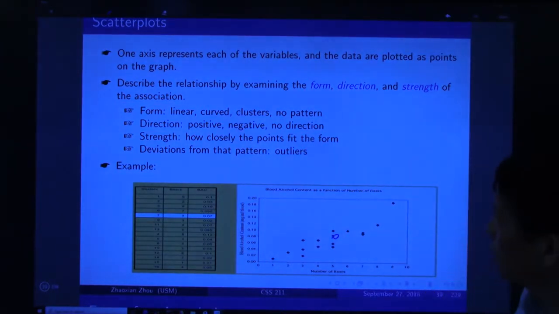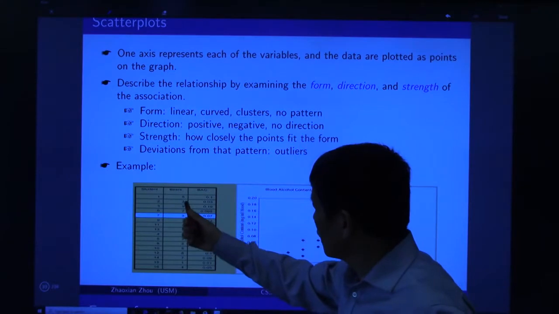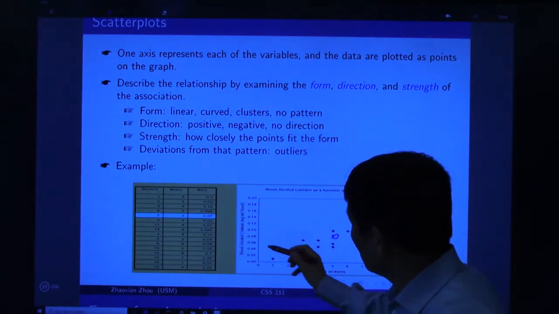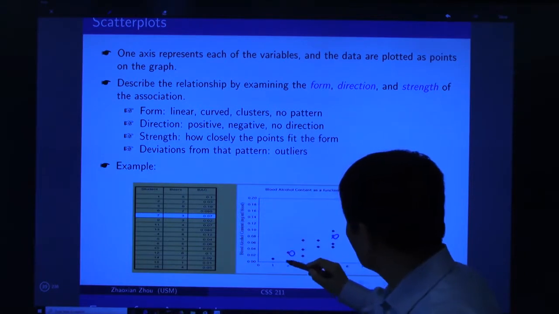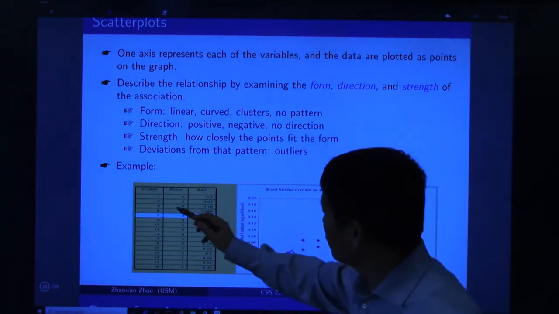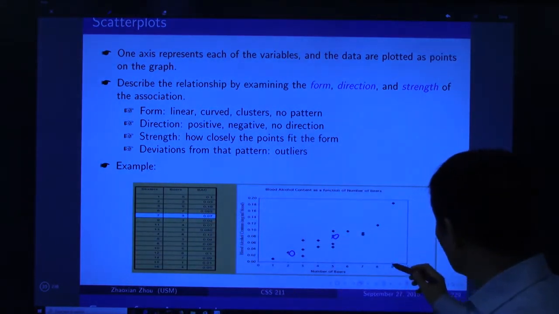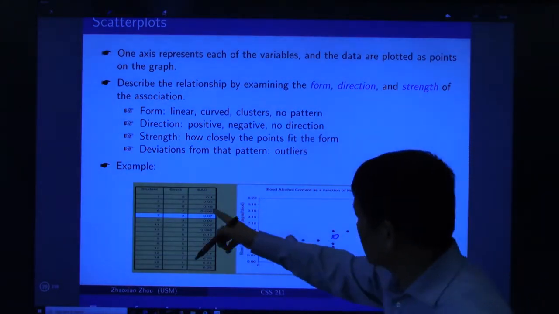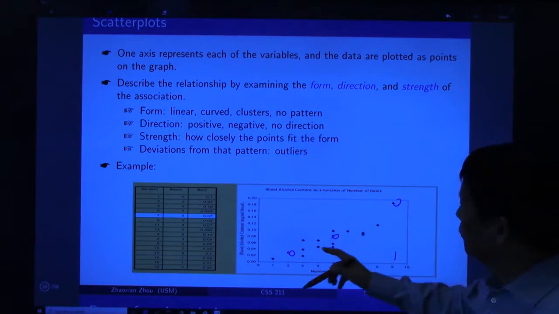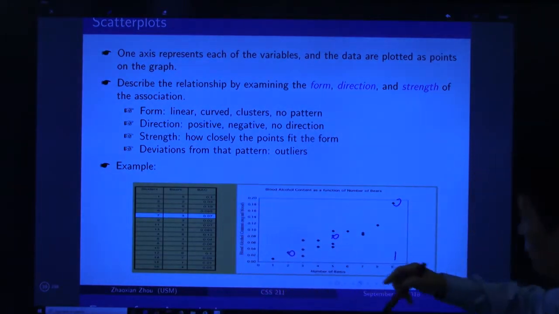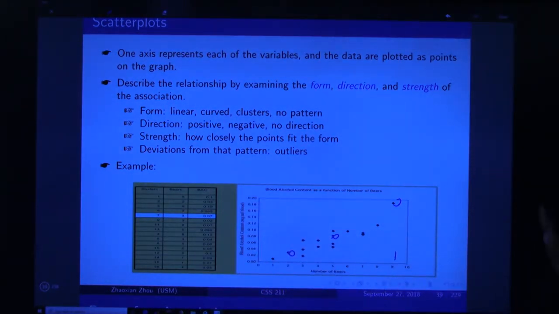Then for student 2, the number of beers is 2, so here, and the blood alcohol level is 0.03. So this is 1, 2. And for student 3, the number of beers is 9, 9 is here, and the level is 0.19, it is here. So we draw all of this from 1 all the way to 16.